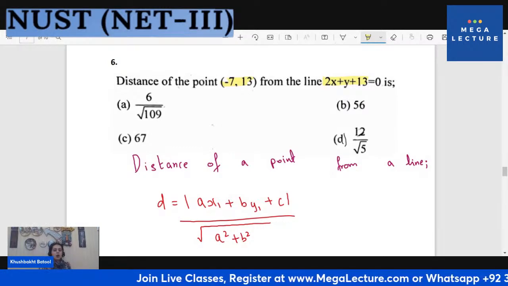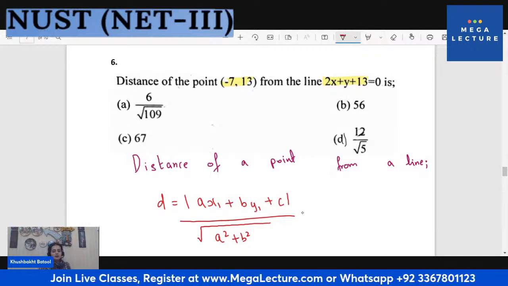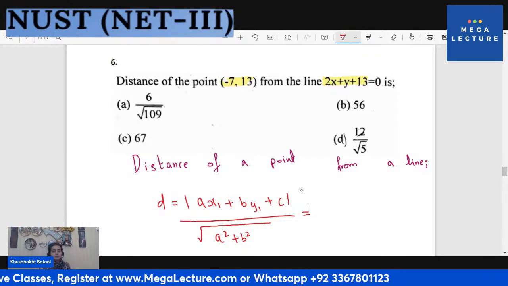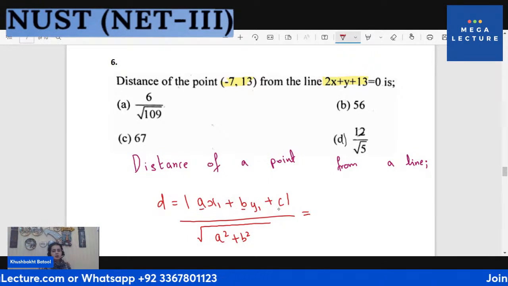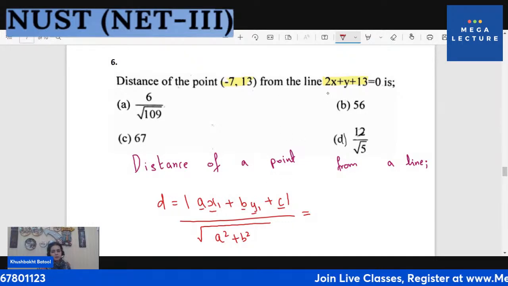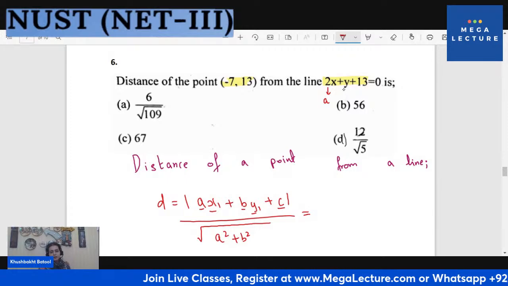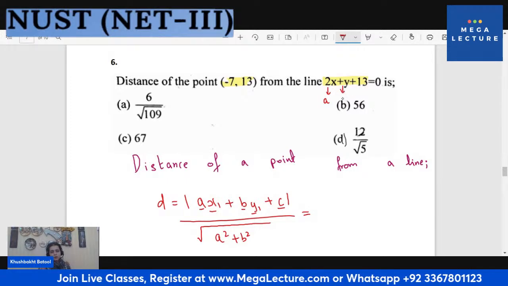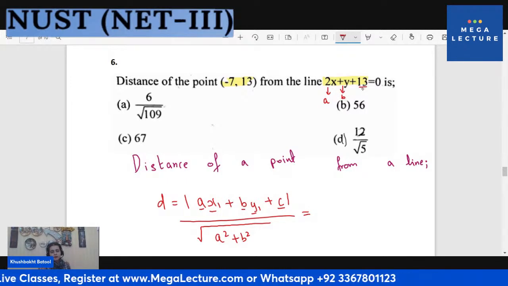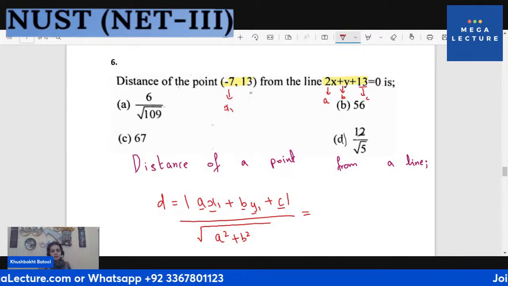Okay, now how do we find this? What is a, what is b, what is c, what is x1 and what is y1? This is a, then the coefficient of y is b, and then this number right here is c, this is x1, and this is y1.